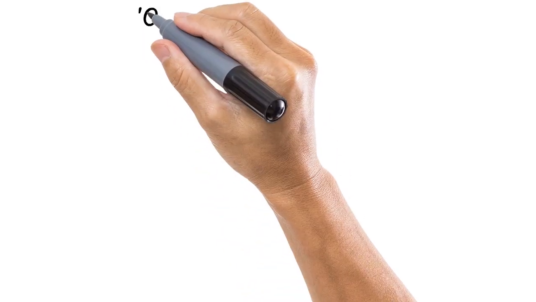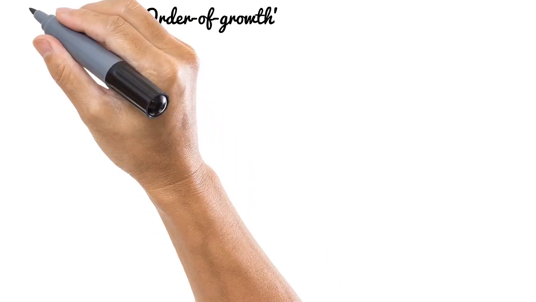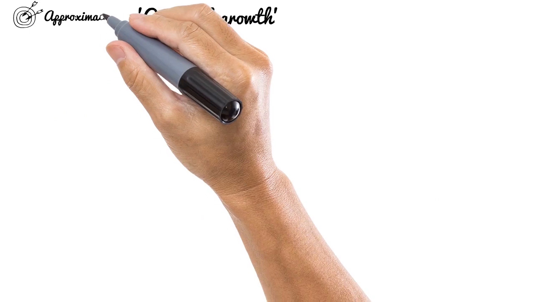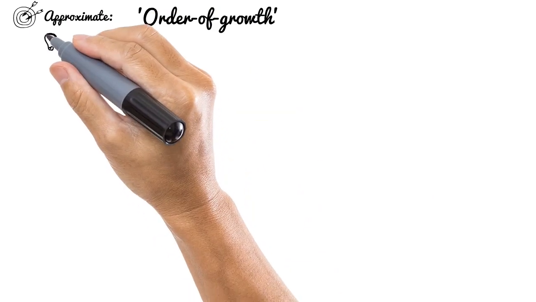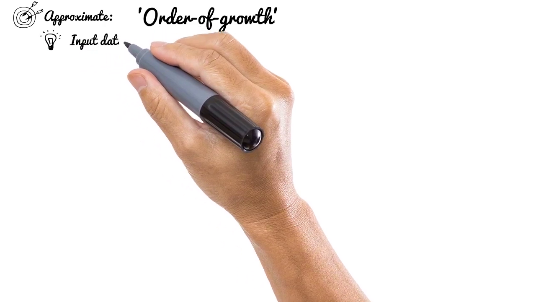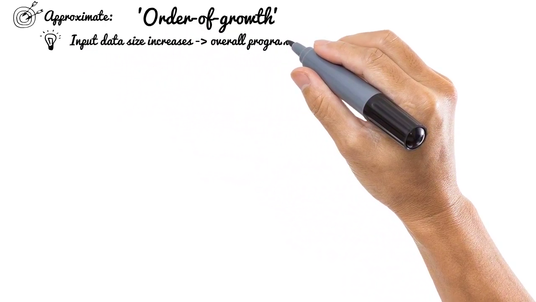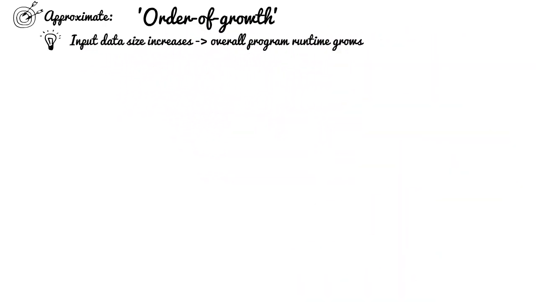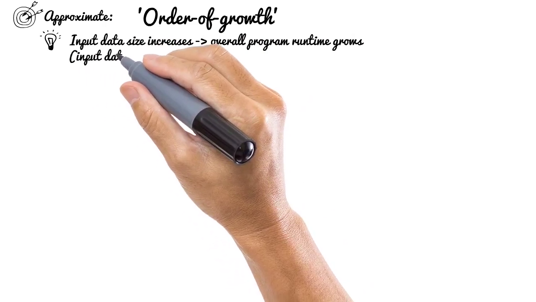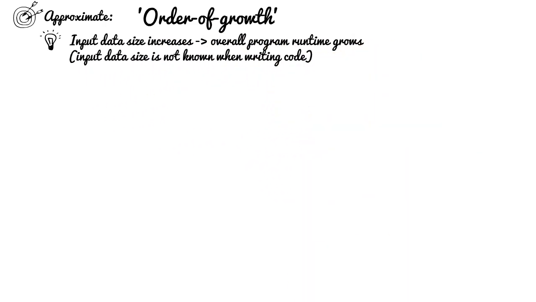Then we moved to the order of growth topic to classify algorithms, named as big O, which is not an accurate model, rather a rough estimate, but still an effective instrument. It's based on the idea that generally if input data size increases, consequently overall program runtime is growing. Remember, input data size is not known at the time of writing a code.